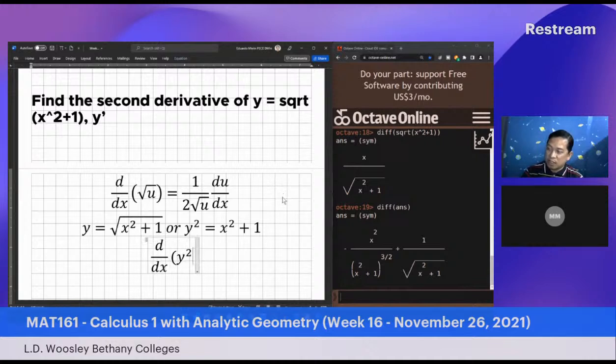So this is what we call implicit differentiation. You don't need to equate it first to x or y before it becomes y prime. It could be simultaneous. And from here, we could solve.